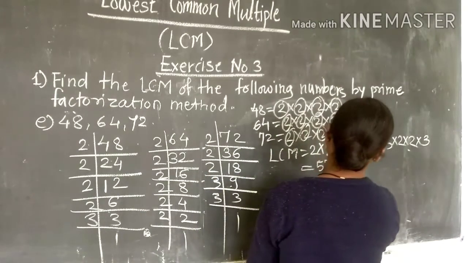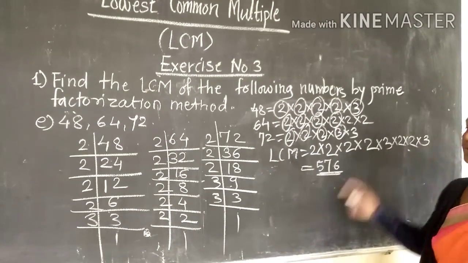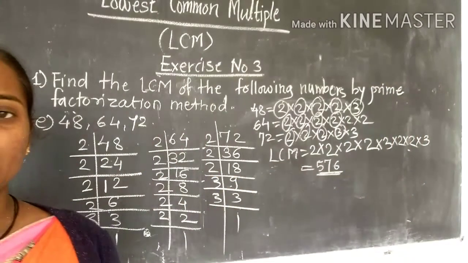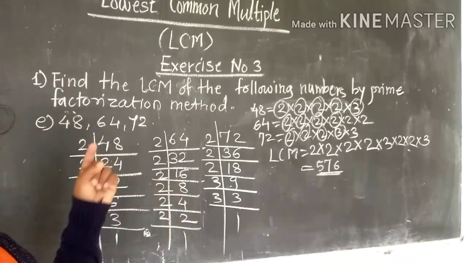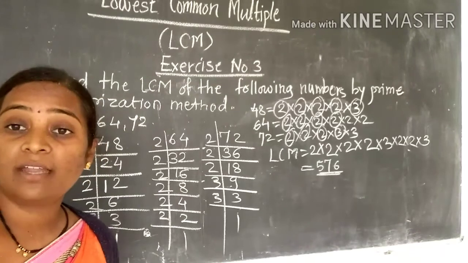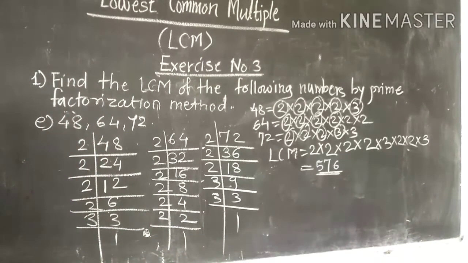This is your answer. In this way, we have got the LCM for 48, 64 and 72. LCM is 576. Now we'll see the next example.